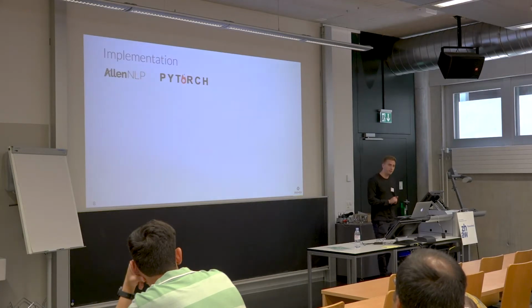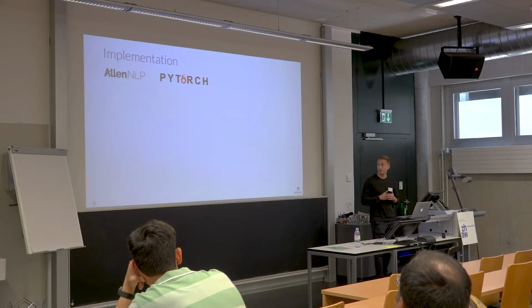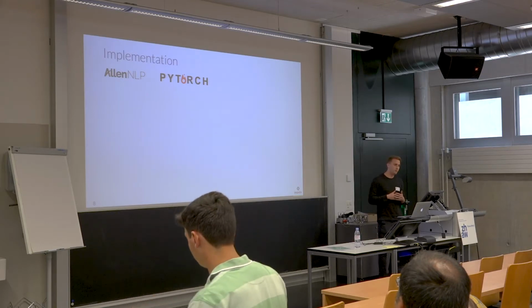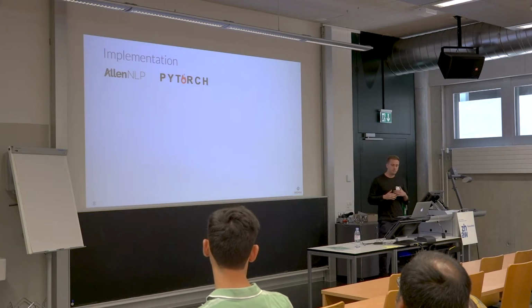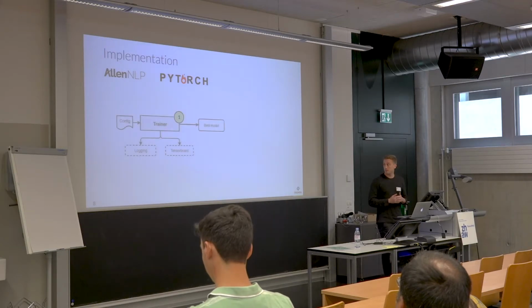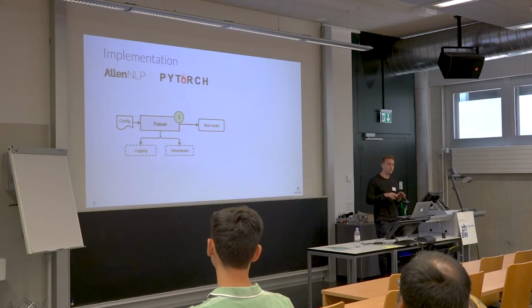A short note on the implementation: since I have a software engineering background, I'm interested in how to actually implement something like this with a framework to get reproducible results. We used AllenNLP for this. It's based on PyTorch, and what it basically does is help us structure code, and it predefines components for the training.